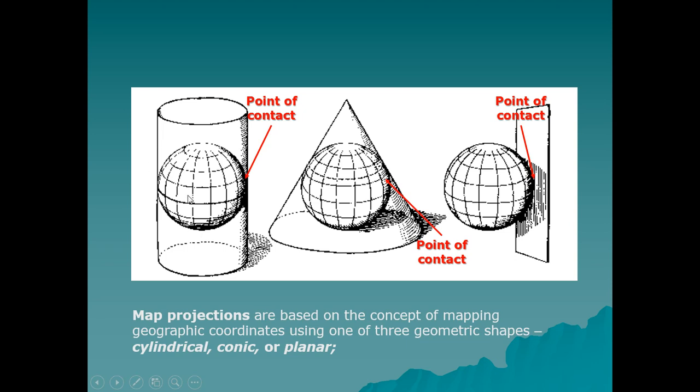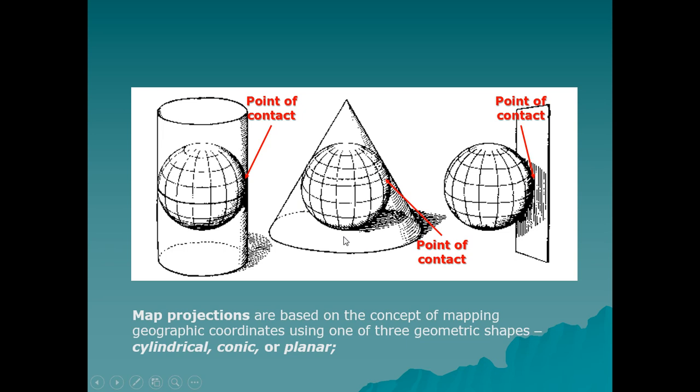If we were to open up this cylinder to see the results of how the features have been transferred, the features that made contact with the cylinder around the center, or the equator, would now be perfectly transferred onto your map. So it is important for us to know where the point of contact is, because usually your point of contact would be your areas of greatest accuracy on your map.